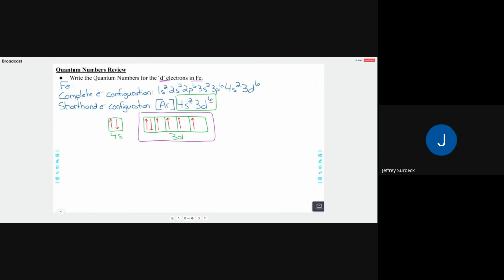Now, I do want to make one important note: with our orbital box diagrams, just so you know, we must fill each orbital with one electron before placing a second electron in an orbital.